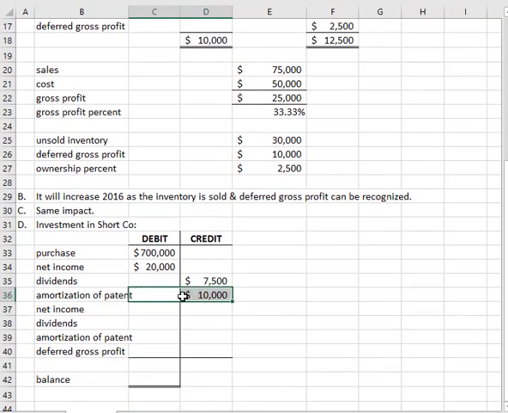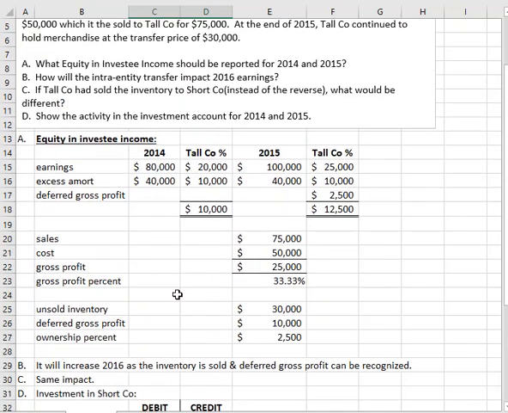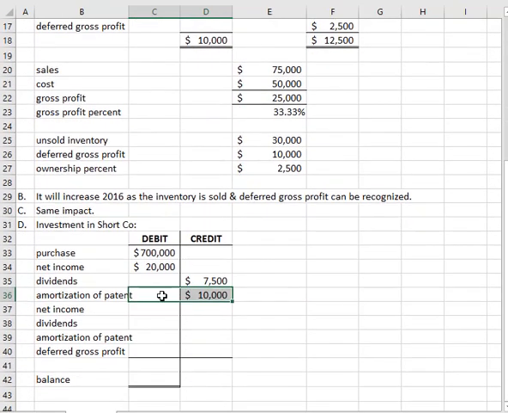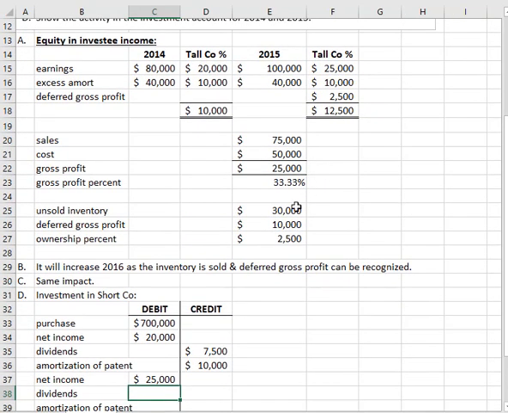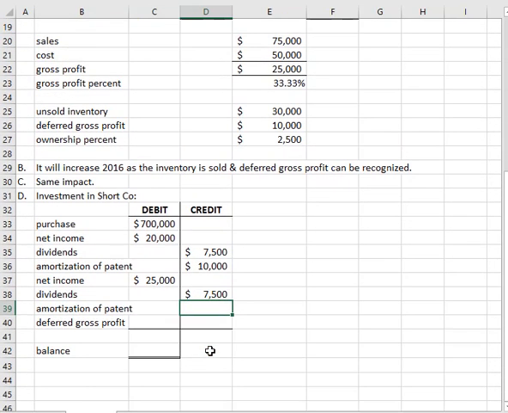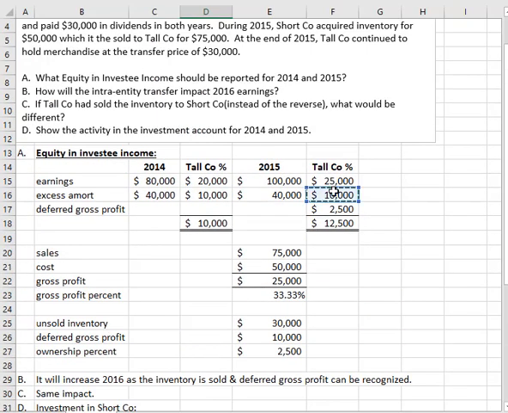So if we wanted the balance at the end of 2014, we would calculate that right there. We'd add those two up and subtract those two and get a balance. But we're going to keep going so we can get the end of the second year. All right, so net income for the second year, their share. Dividends were the same in both years, so 25% of the $30,000. We're amortizing the patent again.